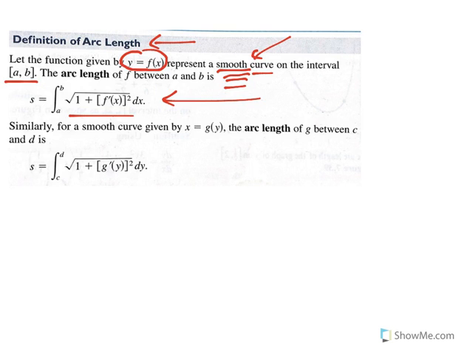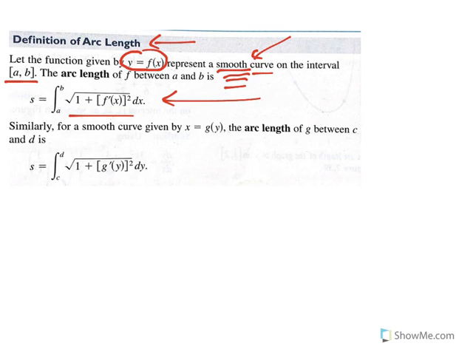So y is equal to f of x represents a smooth curve on the interval from a to b. The arc length of f between a and b is given by the definite integral from x is equal to a to x is equal to b of the square root of 1 plus the square of the derivative of f, and you are integrating with respect to x.